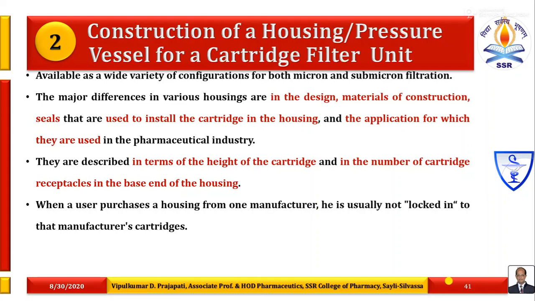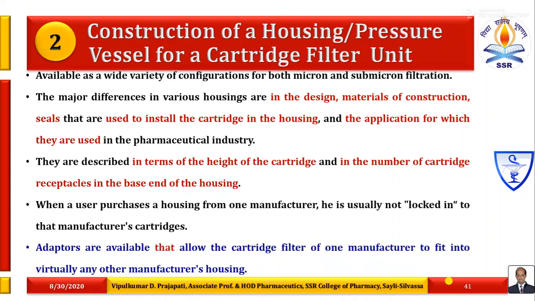So the number of cartridges requires a particular fixing base in the available housing. So it differs from manufacturer to manufacturer. Adapters are available that allow the cartridge filter of one manufacturer to fit into virtually any other manufacturer's housing. So that is possible with the help of these types of adapters.